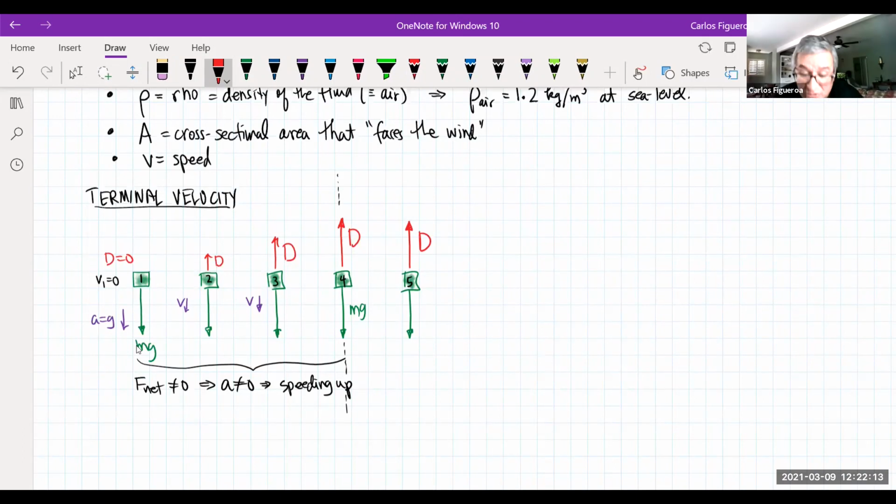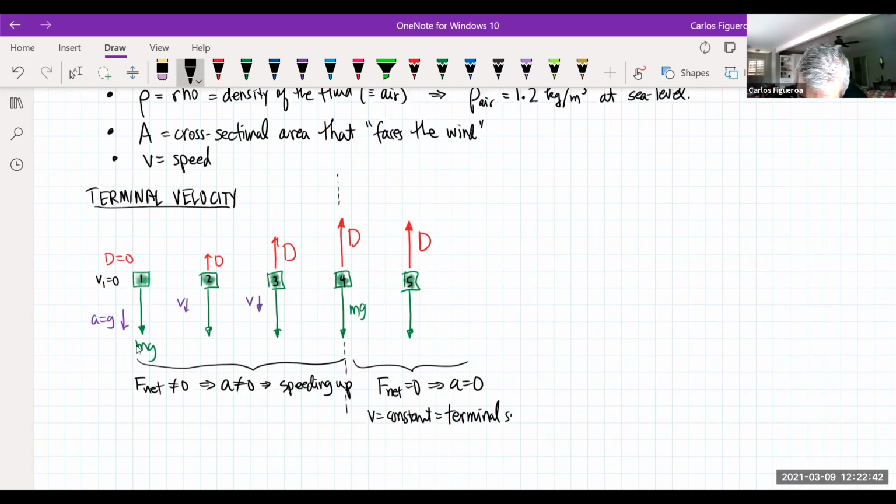This is sort of like being in dynamic equilibrium. From here to here, the net force is equal to 0, which tells you that the acceleration is 0. This tells you that the velocity should be a constant, and it's this constant velocity that they call terminal speed.